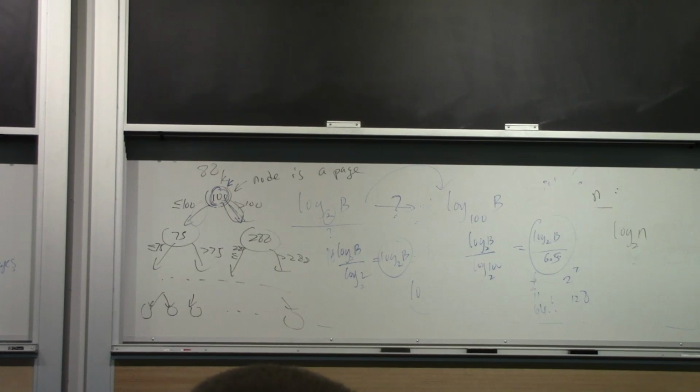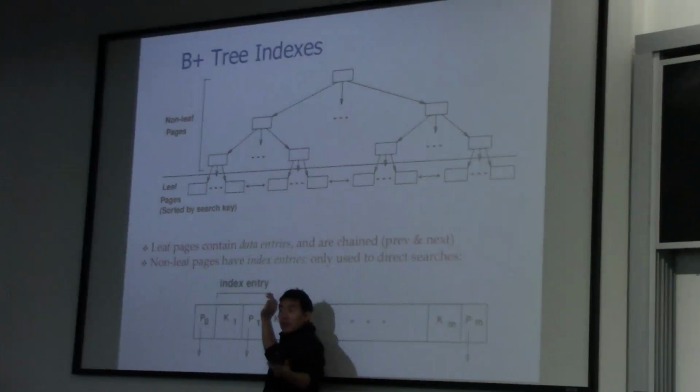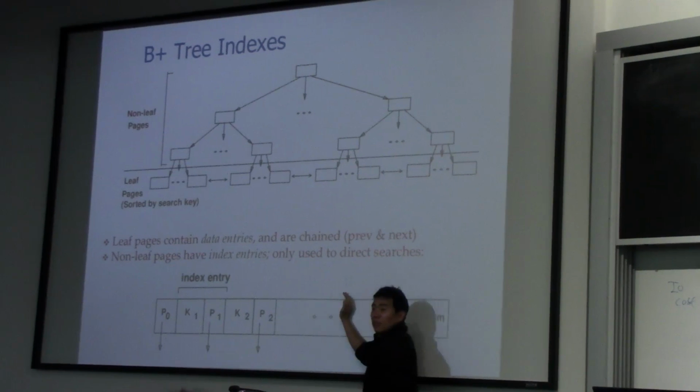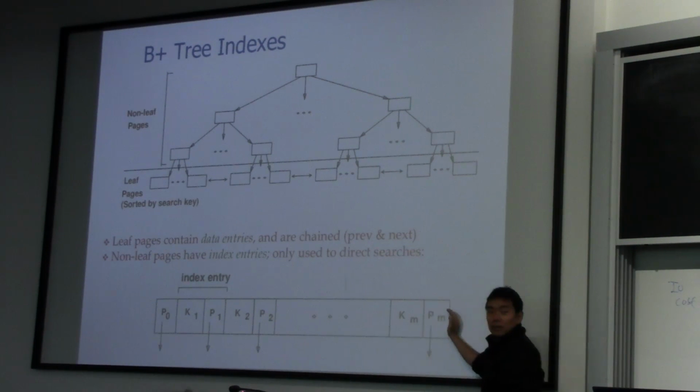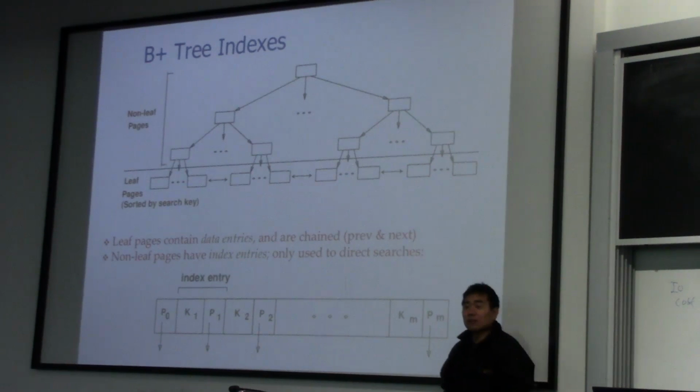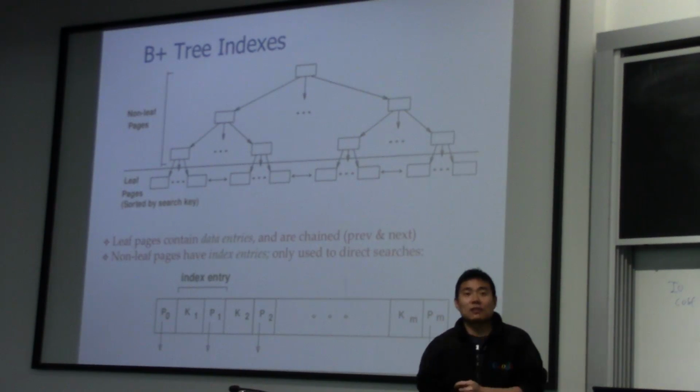I hope I convinced you of that. This is 100, greater than 100, less than or equal to 100. All you do is keep adding entries to it until you run out of space on the page. That's all. Then you've got a B plus tree.